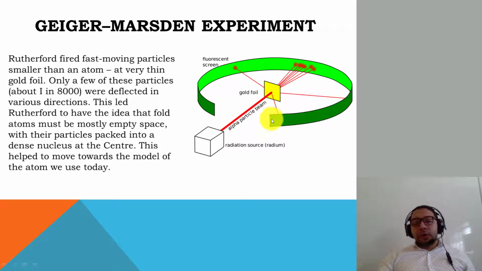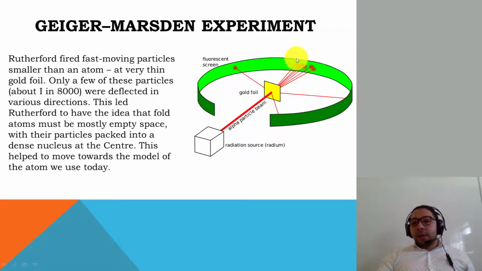back onto the sensor. They concluded that if the layer of golden foil consists of one atom thickness, the alpha particles found nothing to block their way. So most of the atom is space.